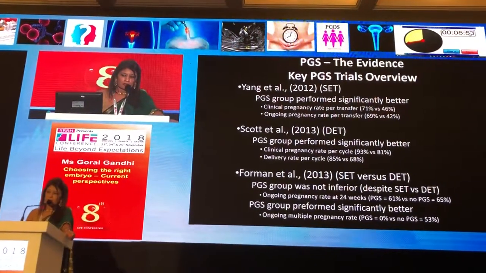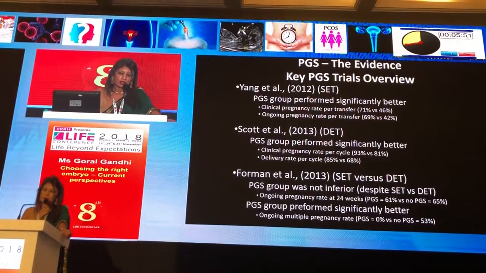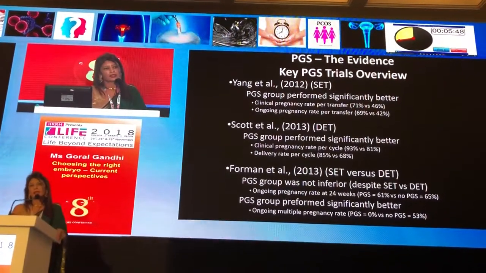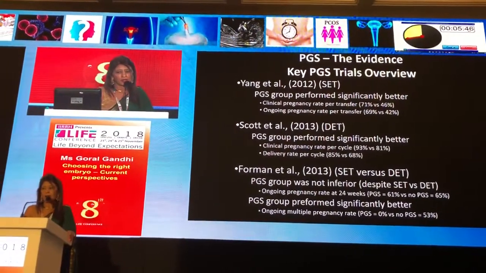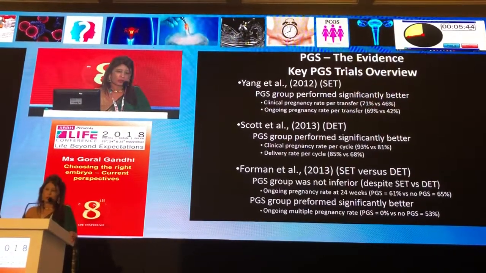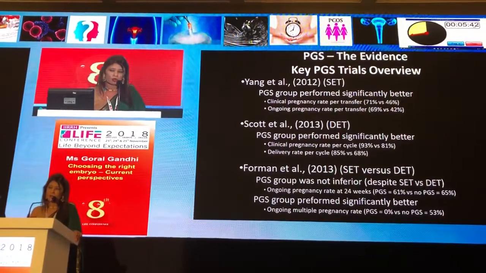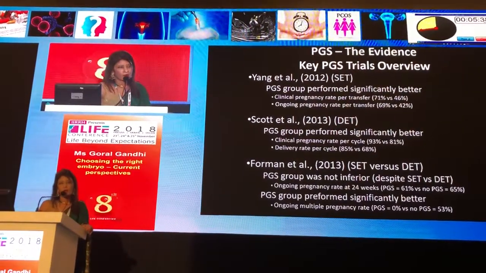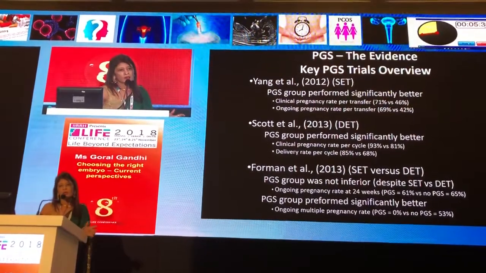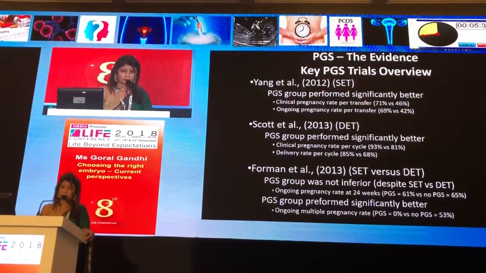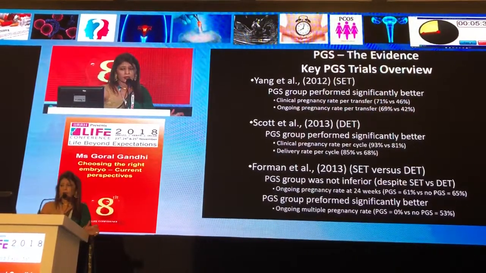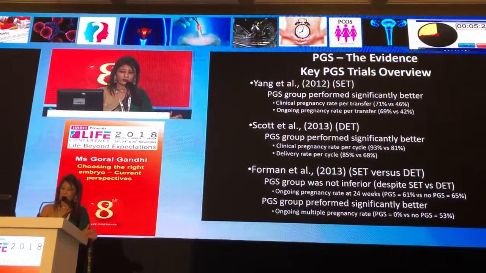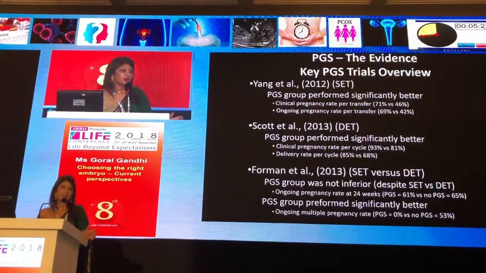The second study by Scott et al., they transferred 2 embryos, and again the PGS group performed significantly better than the non-PGS group. The third study had 2 variations. For the PGS group, they transferred a single embryo, whereas for the non-PGS group, 2 embryos were transferred. So the authors found that the PGS group was not inferior despite receiving a single embryo.